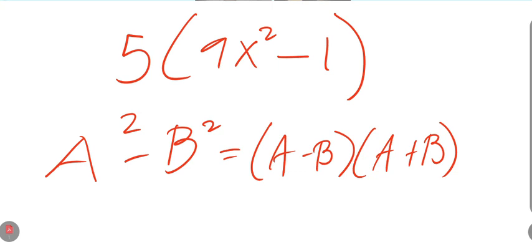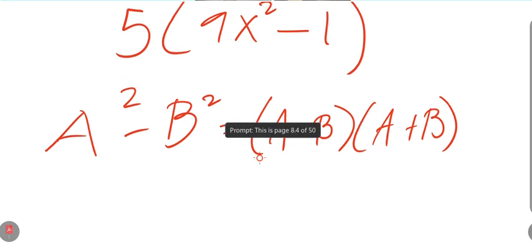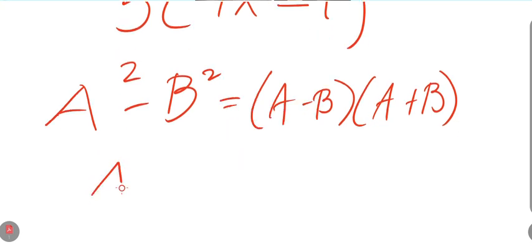Looking at this, we can find that a would be 3x and b would be equal to 1.